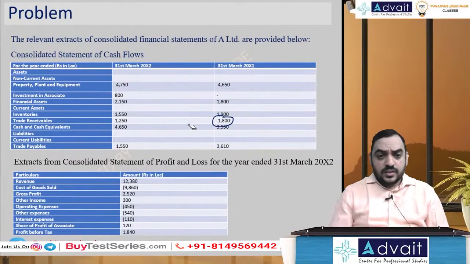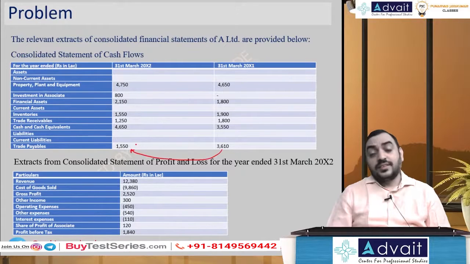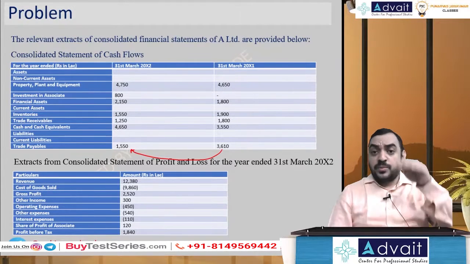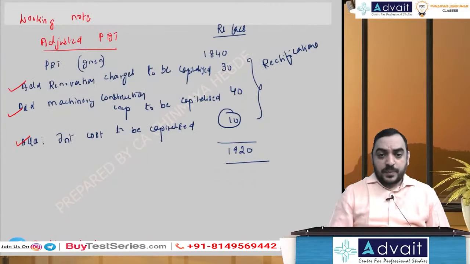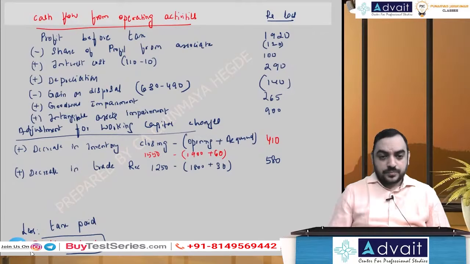Trade payables has become what? 3610 became 1550. This decrease is going to be subtracted. Decrease in current liability is decrease in cash flow. So decrease in trade payables will be subtracted.